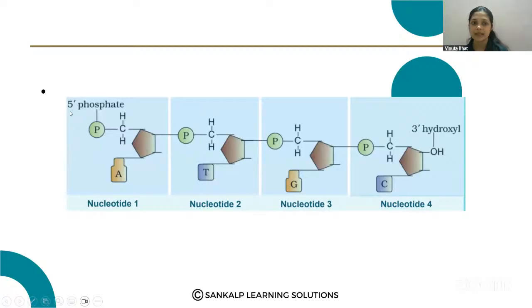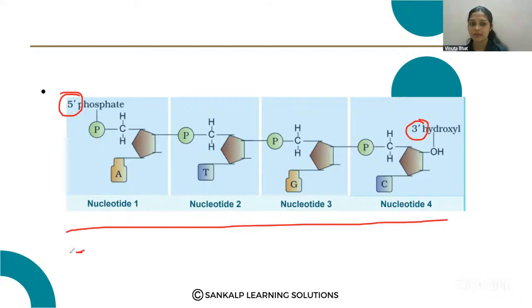Here it has the phosphate group at one end, 5' phosphate group at the one end, and here OH group at the another end. So it has the polarity. So this is called as 5' to 3' polarity. Okay. So that is called, the nucleotide chain has the 5' to 3' polarity.